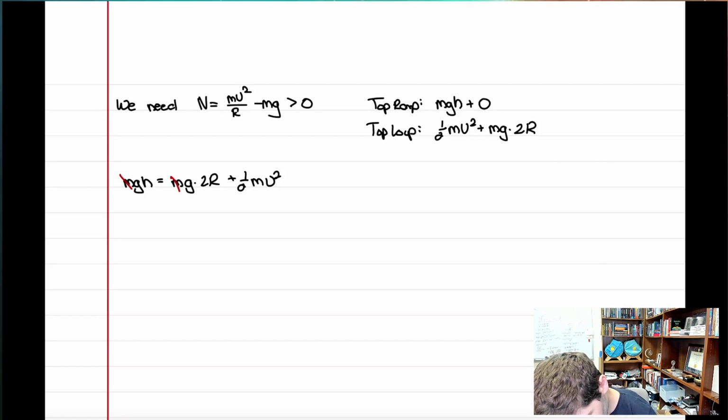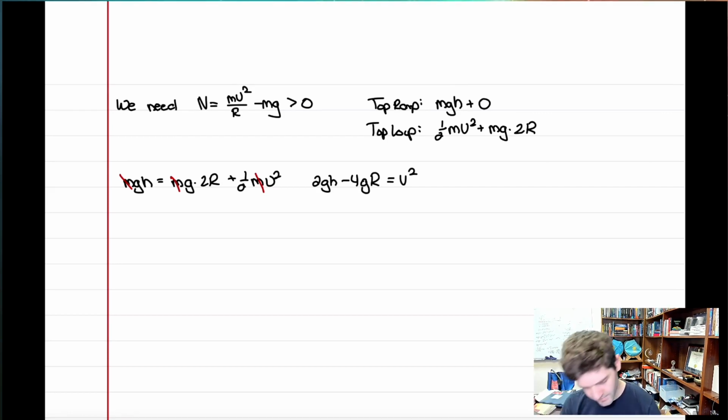Looks like the m's will all cancel. And if I ultimately want to solve for v, I can multiply everything by 2. So I get 2gh minus 4gr equals v squared. Or v squared, if I factor some stuff, equals 2g times (h minus 2r) at the end of the day.